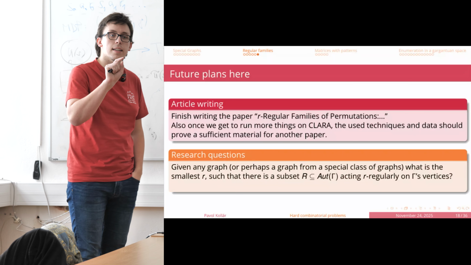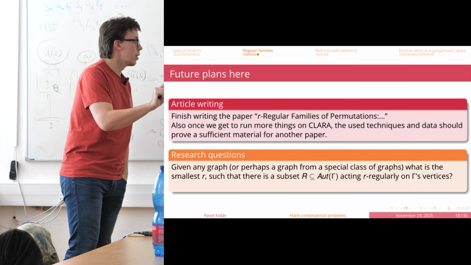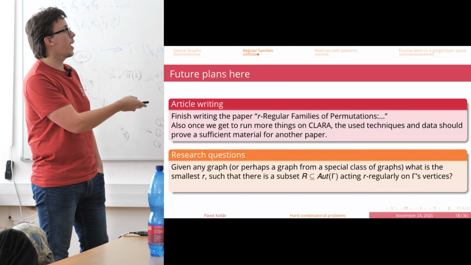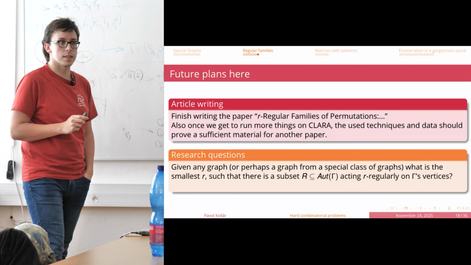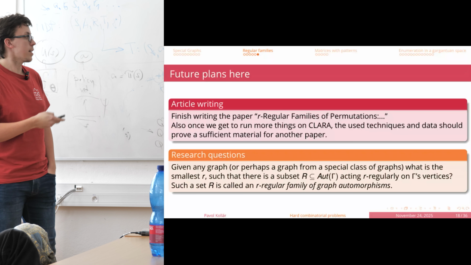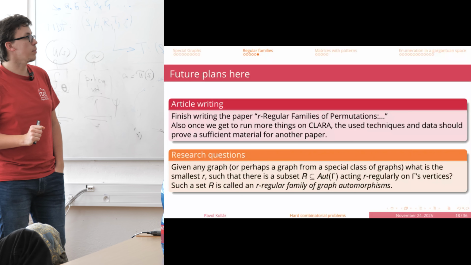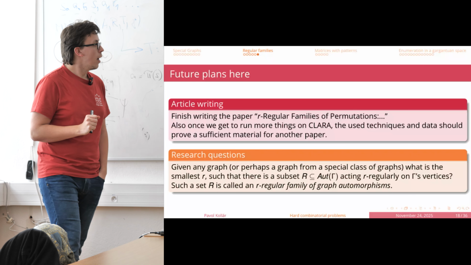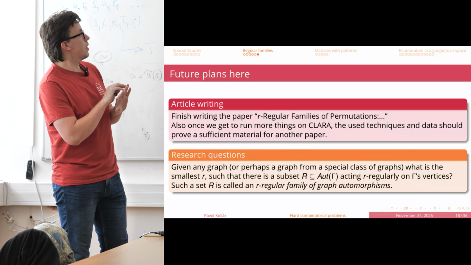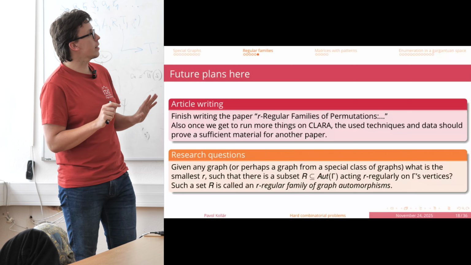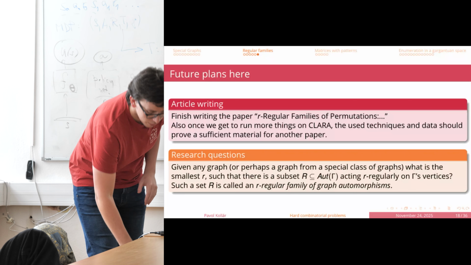We don't insist that it needs to be a group. What is the smallest R regularly acting subset on the gamma's vertices? And such a set is called an R regular family of graph automorphisms. And here we leave this first problem behind and move on to the next one right after a water break.